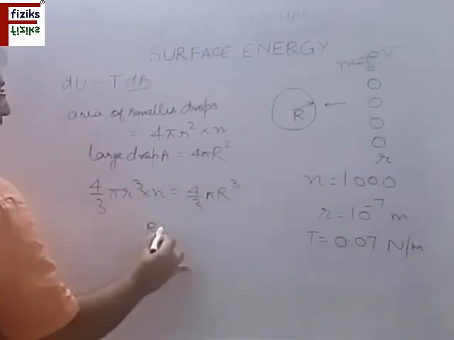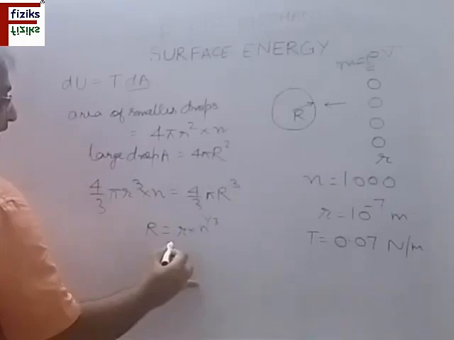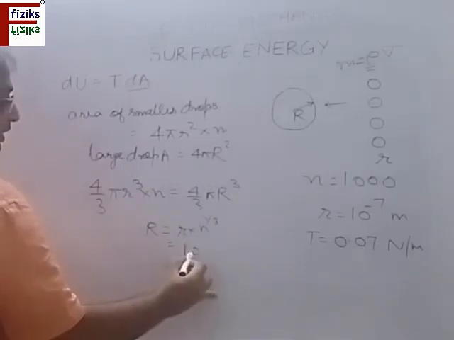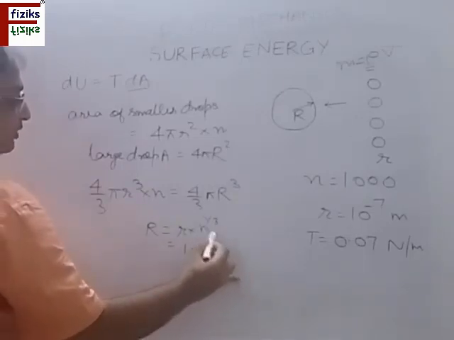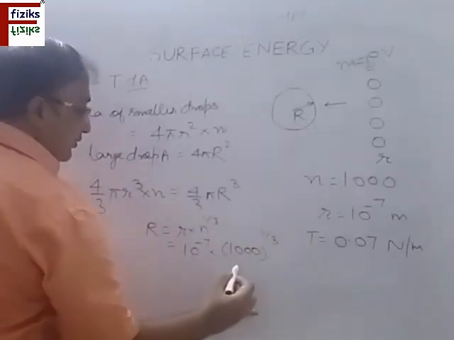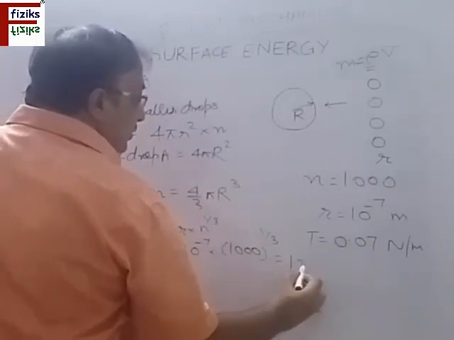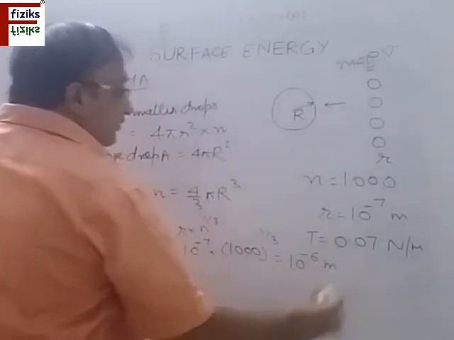So this gives R equal to small r into n to the power 1 by 3, where n is 1000. 10 to the power minus 7 meter, 1000 to the power 1 by 3. So this is equal to 10 to the power minus 6.